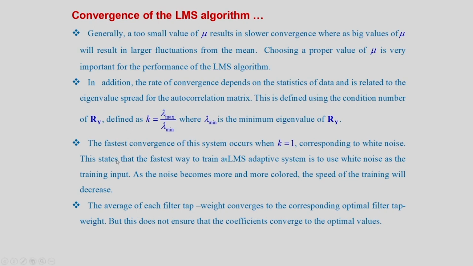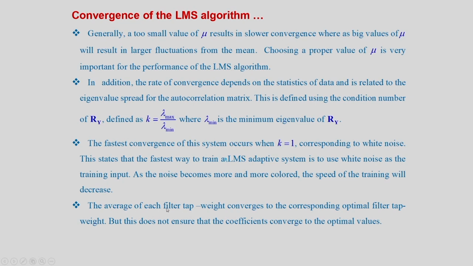So, this condition also implies that the fastest way to train an LMS adaptive system is to use white noise as the training input, because in the case of white noise all eigenvalues are equal, therefore lambda max by lambda min will be equal to 1. As the noise becomes more and more colored, the speed of training will decrease.